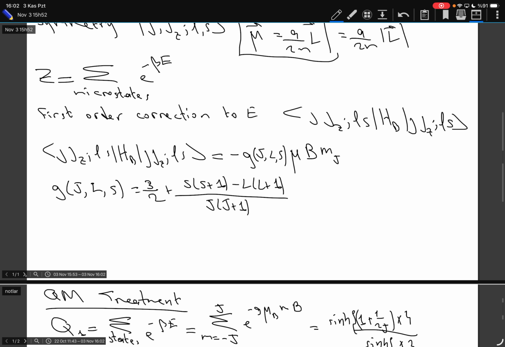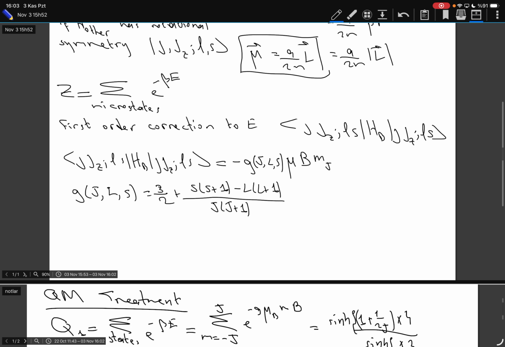Okay, let's consider several cases. For example, special cases. L is equal to 0. We can look at systems with only a spin. Then the states J, Jz, L, S would be just Sz states.